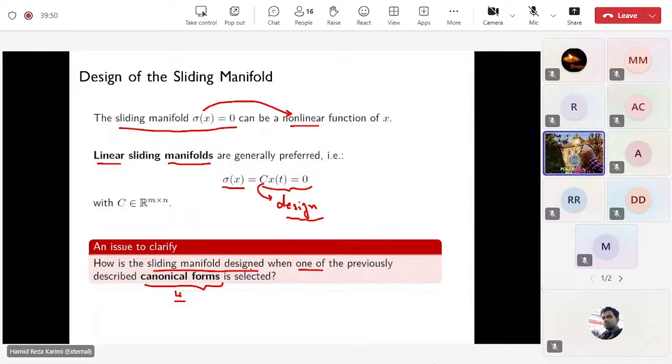So this question means that we are talking about some classical control design, in such a way that you have a canonical form in the system model, in the dynamics, and you try to design the sliding manifold based on this strategy.